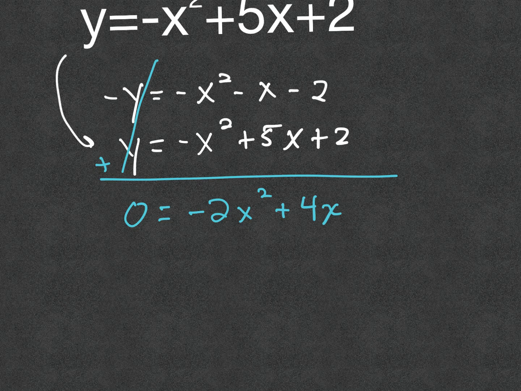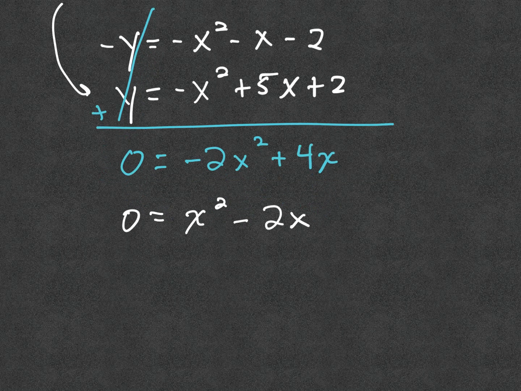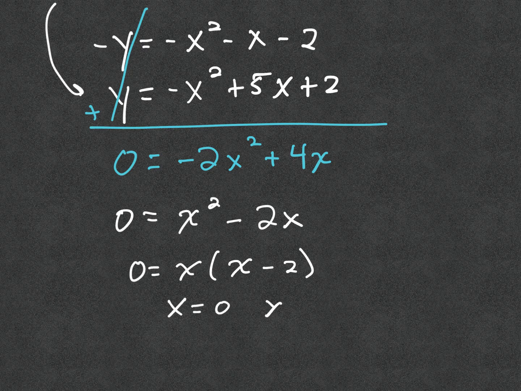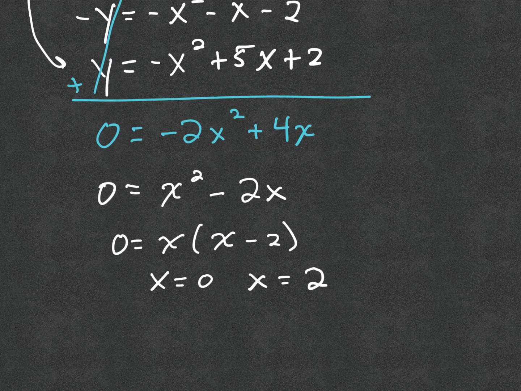I could divide by 2 or negative 2. If I divide everything by negative 2, I still have 0 equal to x squared minus 2x. Do not divide out the variable. So 0 is still equal to, I can factor out an x: x times x minus 2, that gives me x equal to 0, x equal to 2.